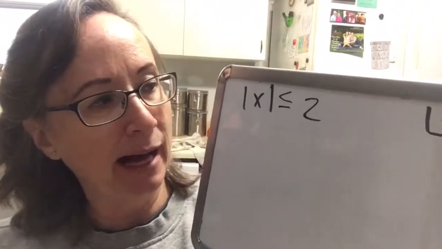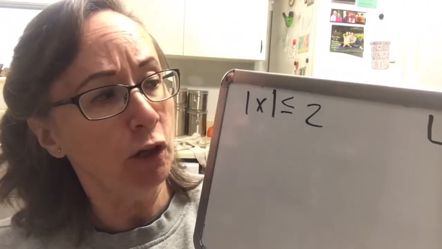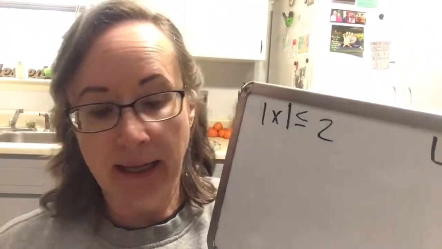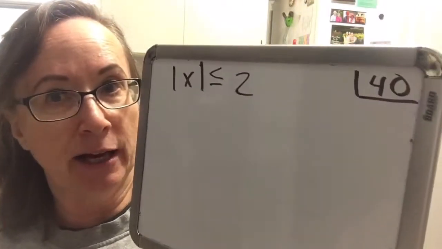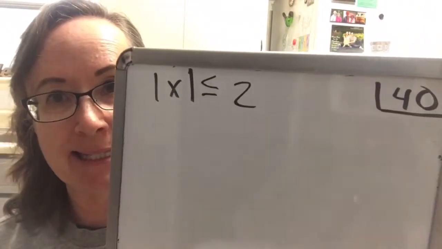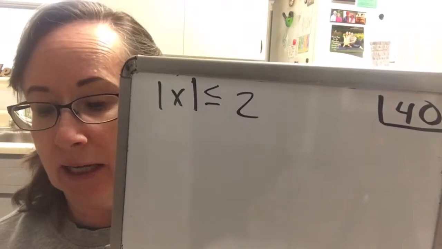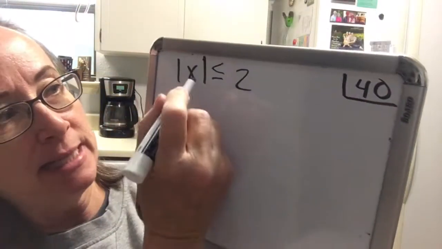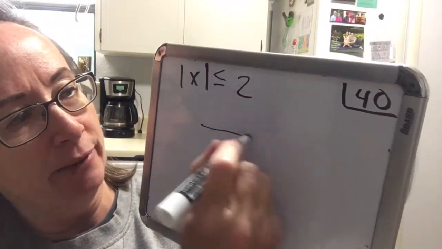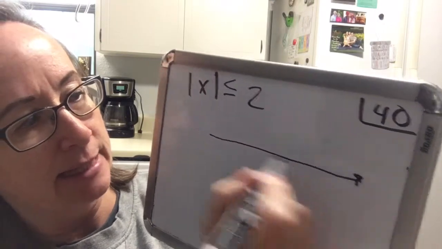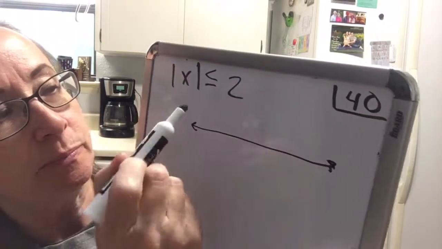All right, so if I were to just take the absolute value of this and stick it in between 2 and negative 2, hold on a second, my marker won't open. There we go. All right, so basically what's happening is that we're saying on the number line, let's look at this thing on the number line.